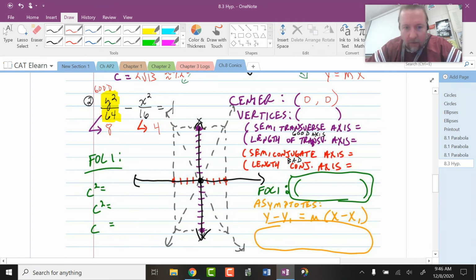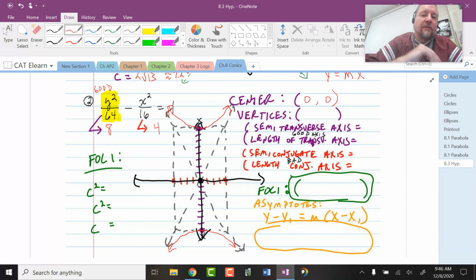What direction, up and down, is the right answer for this then? Good axis. Y-axis. This faces in the direction of the y-axis. And notice the asymptotes. That's why I can't really call it parabolic, because what it does is it gets controlled by these and approaches, but does not cross. That doesn't happen with a parabola. So little minor difference there.